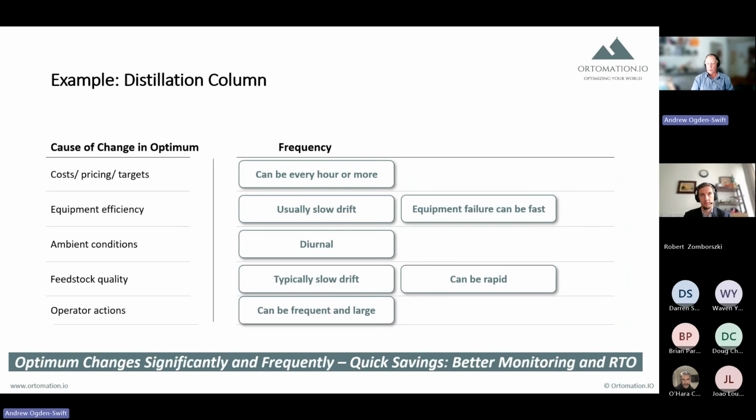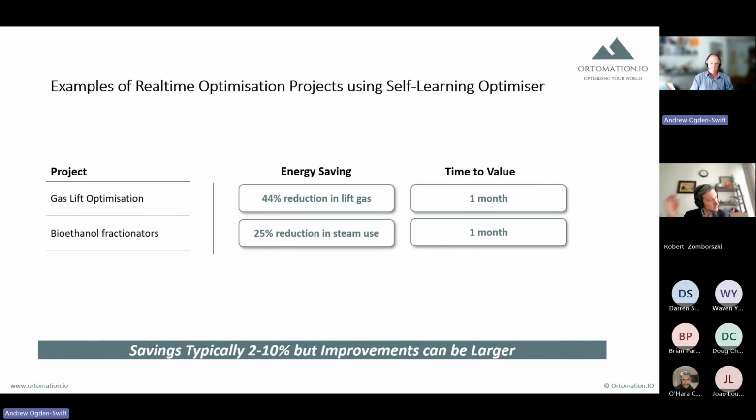And then the other one is real-time optimization, or RTO. So just a quick example, particularly on the RTO area, because many people are very familiar with monitoring.